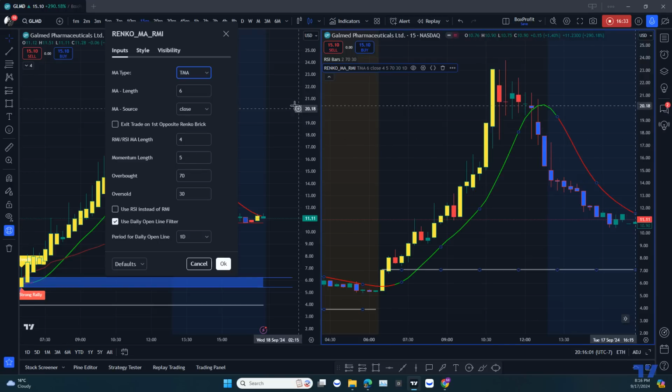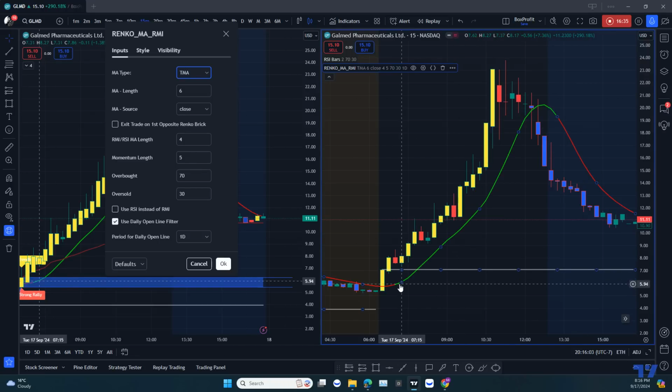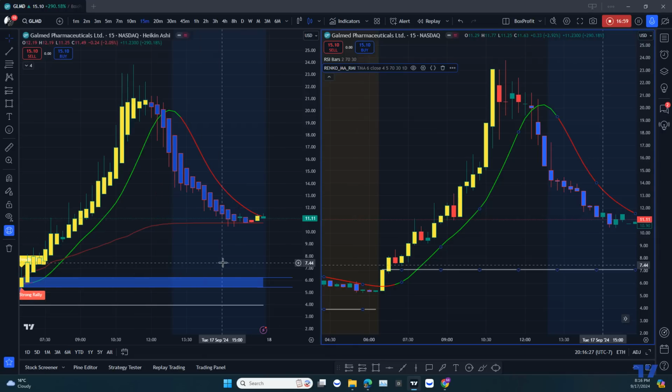When we change that from EMA to TMA, the benefit here is that TMA generally smoothes the trend and smoothes the signal, just like the RSI will do. The RSI smoothes the signal, the TMA also smoothes the signal. So in general, you have a smooth signal. Okay. After we have added these two things, click on OK.